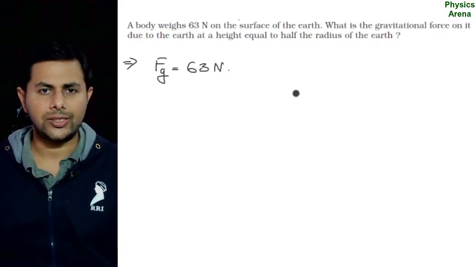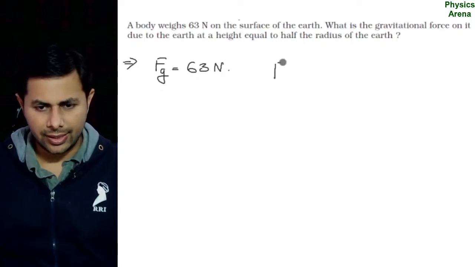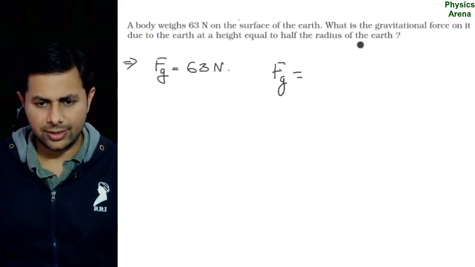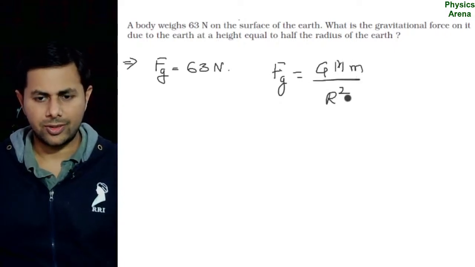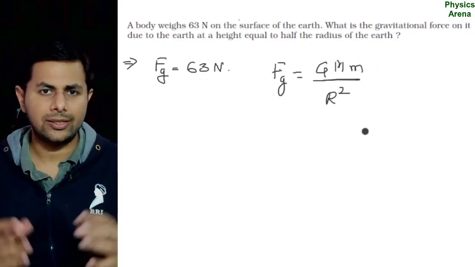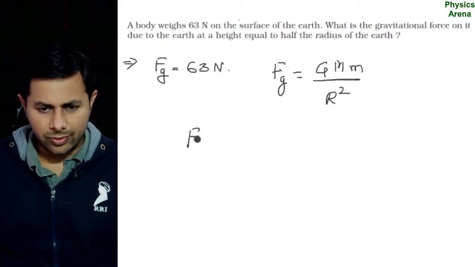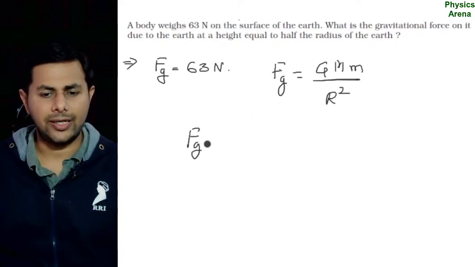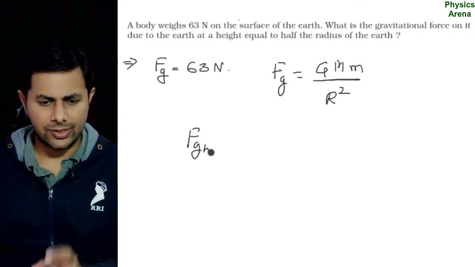So this is on Earth's surface. So we know what is the gravitational force. It is given by F suffix g is G times mass of Earth multiplied by mass of body divided by r squared. Okay, so when body is on Earth's surface, the distance between body and Earth is r. Now force due to gravity at some height h, so I will write this as F suffix g h.